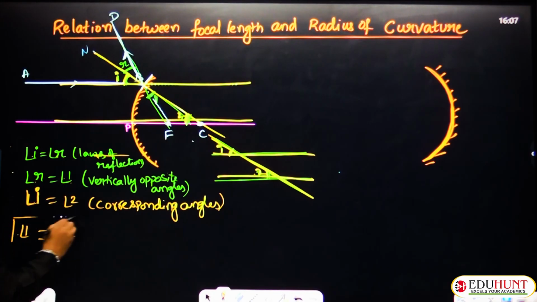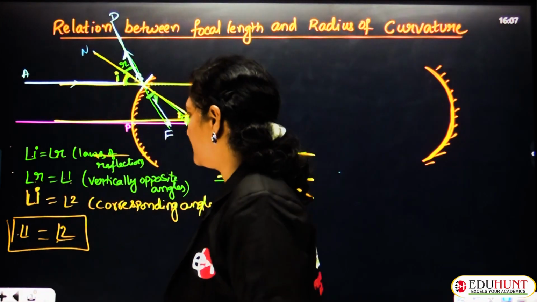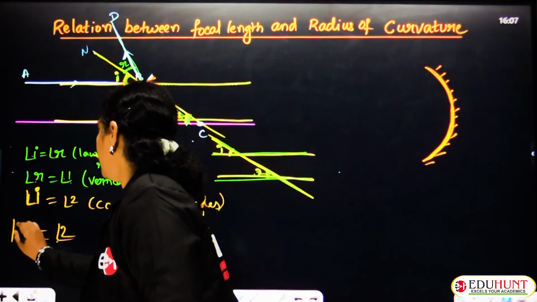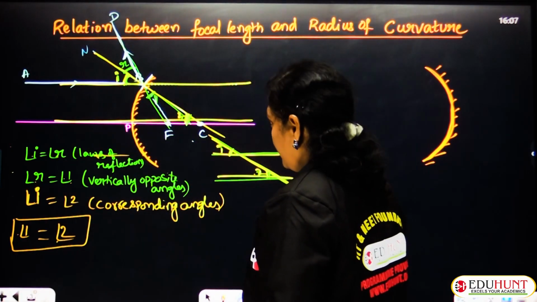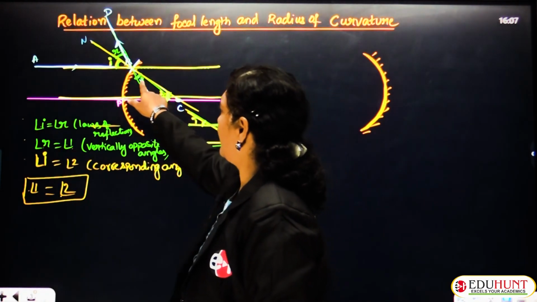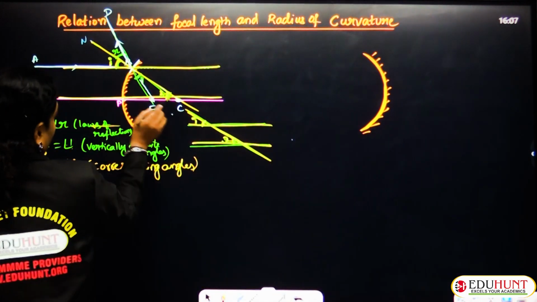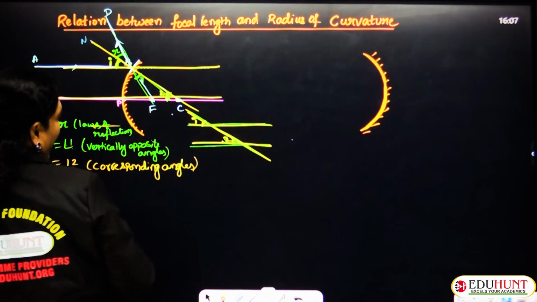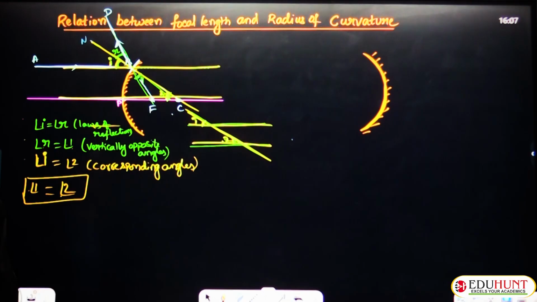So from these three laws, we observe that angle 1 is equal to angle 2. From the picture we observed that angle 1 is equal to angle 2. Whenever in a triangle two angles are equal, then the opposite sides must also be equal.